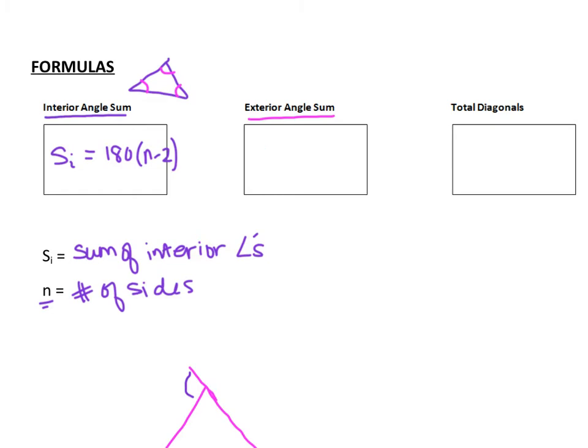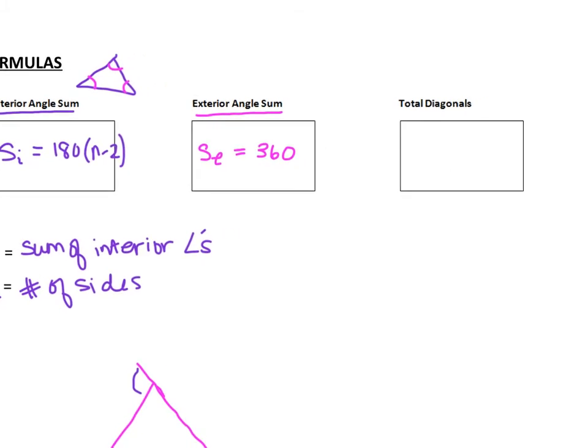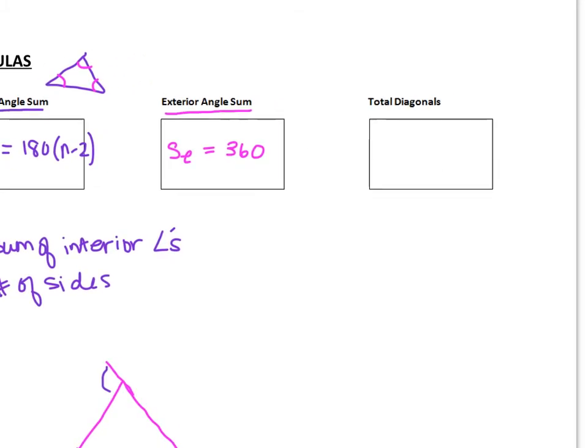All right, the last one, oh, it just went away. All right, wrote it back in. So the last one is the total number of diagonals in a polygon. Let me show you what diagonals are. I'm going to pick a bigger shape, let's say a pentagon. So a 5-sided polygon, like that.